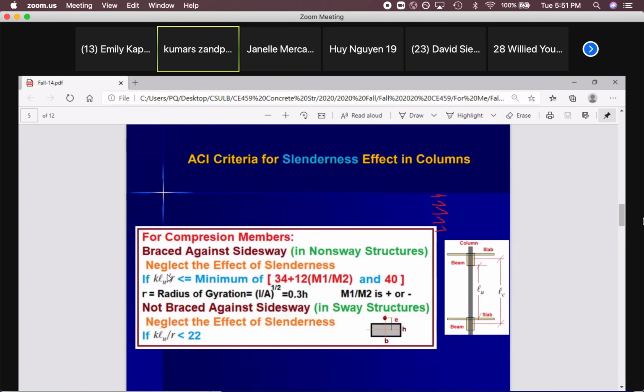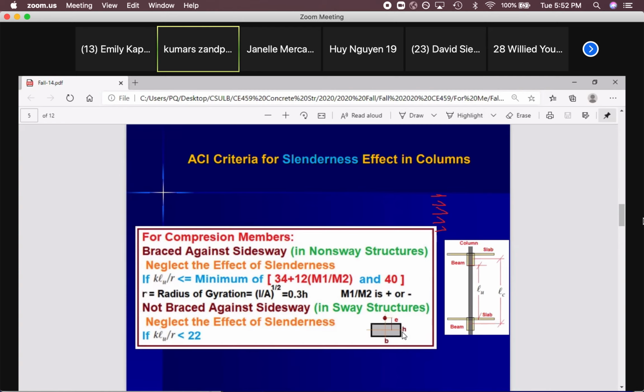For braced columns, a braced frame, a non-sway structure, which is the one we are going to learn in this class, calculate KLU, meaning bottom of the beam to top of the slab, over R. What's the R? I wrote that here. Look at this. You don't need to do anything.